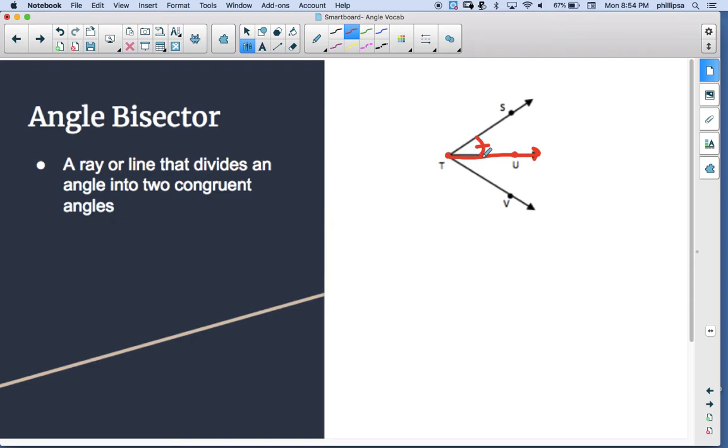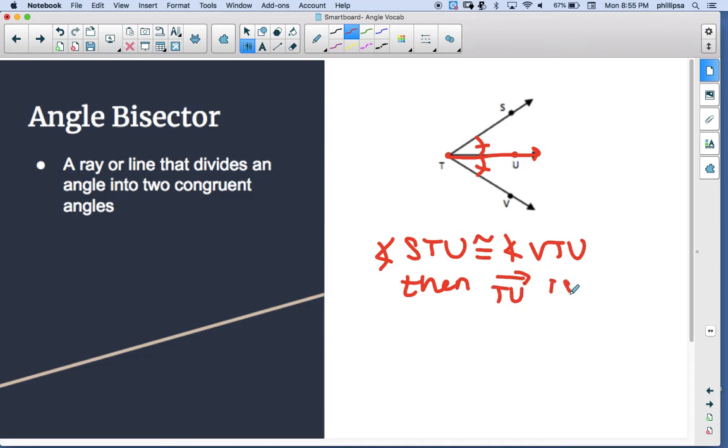But if I was to show that angle STU is congruent to angle VTU, then I would know that ray TU would be an angle bisector. So angle STU congruent to angle VTU, then ray TU is an angle bisector.